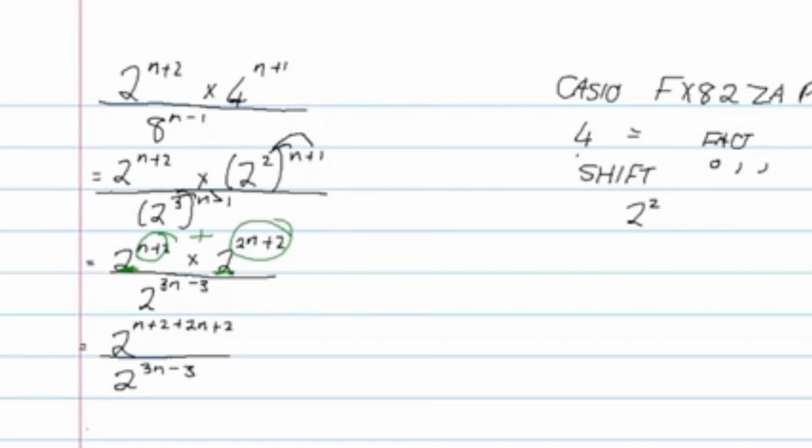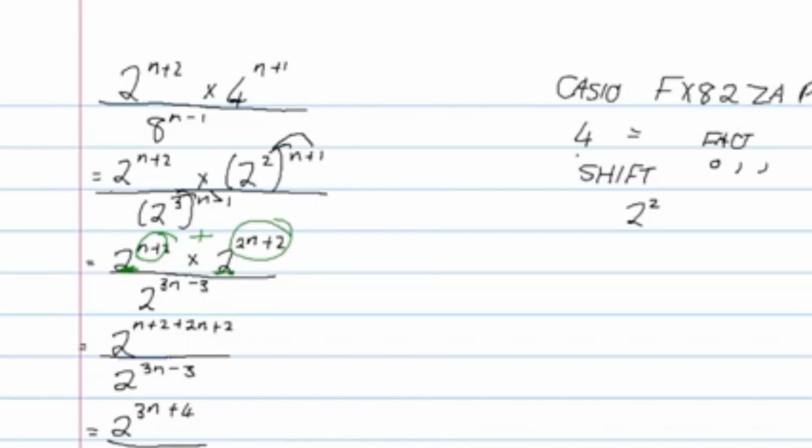On the top side, what I did is 2 to the power n plus 2 was multiplied with 2 to the power 2n plus 2. And when you are dividing, you take one base and then you subtract the exponents.